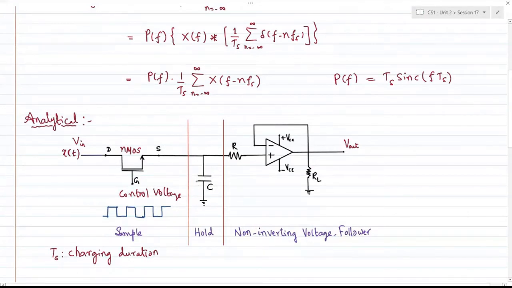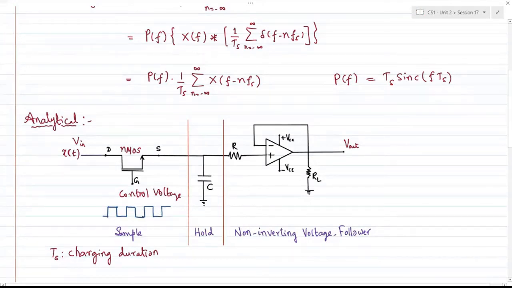It tries to find paths on its left and on its right. It cannot discharge on its left because of the source terminal of the NMOS itself, and on its right, since it's a non-inverting voltage follower, it will offer a high input impedance, and hence it will retain its charge, or store the information which is passed during the on time. It will retain its original information until the next on time of the control voltage appears.